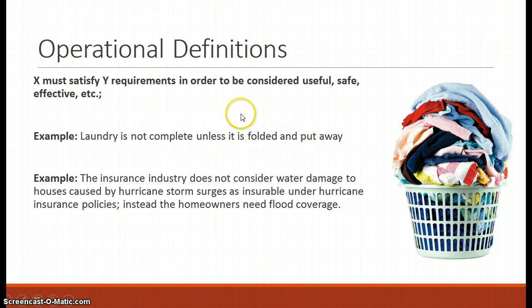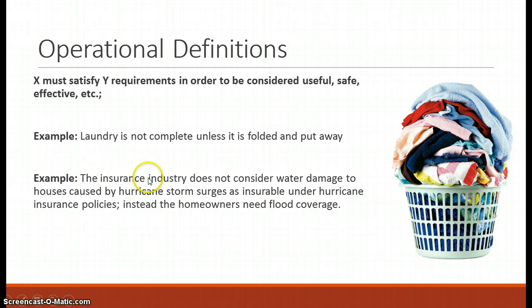Those are my conditions. So when I tell my husband to do the laundry and he simply puts it in the wash machine but doesn't turn on the wash machine, doesn't then put laundry detergent in it, doesn't then put it in the dryer, and then doesn't fold it and put it away, I don't consider that task done. So I have to define what I mean by do the laundry.